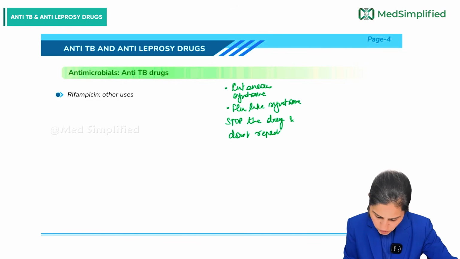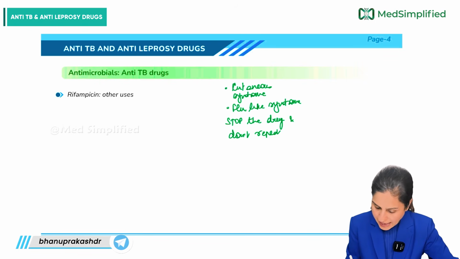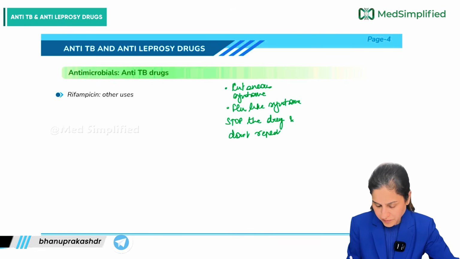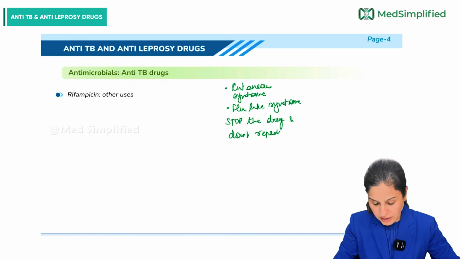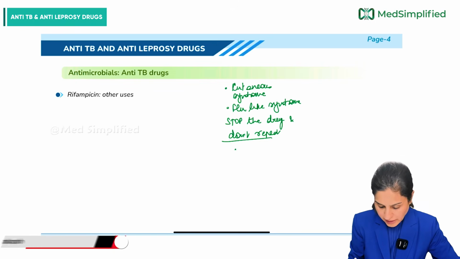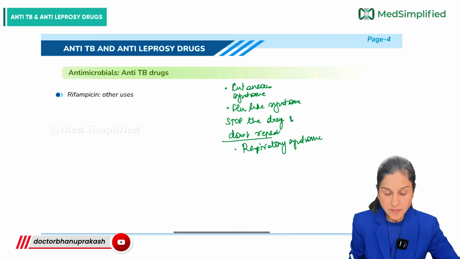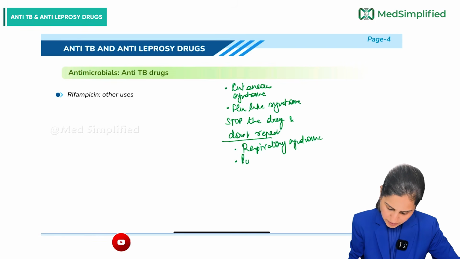Stop the drug and don't repeat. So why do you need to stop the drug and not repeat? This would be in case of respiratory syndrome and purpura.